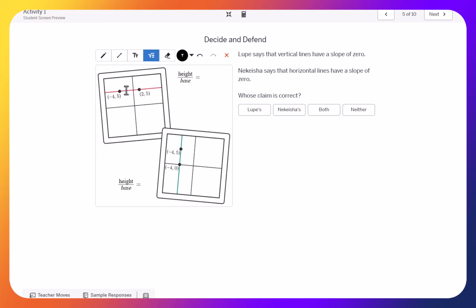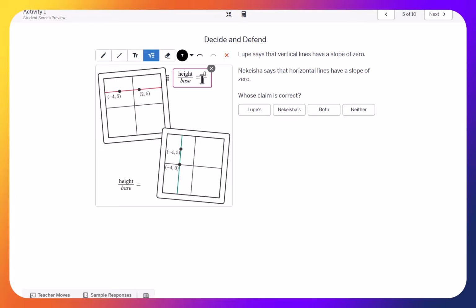In this top example, this red line, from the point on the left to the point on the right, it's nothing but a base. If I tried to make any height, I wouldn't be on the line anymore. So really, the height of the red line would be 0.